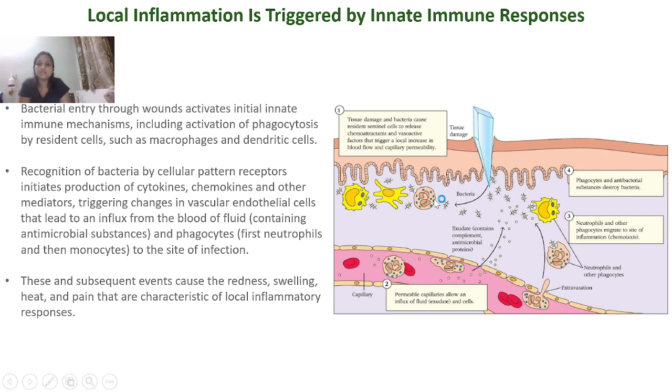Here you can see through the blood flow, these are the RBCs, and through the blood flow these cells are coming to the site of infection through a process known as leukocytosis. Leukocytosis means the white blood cells, known as leukocytes, will come into the picture.